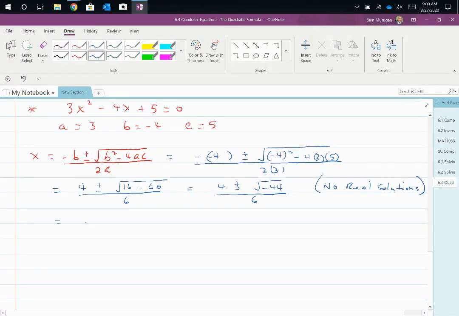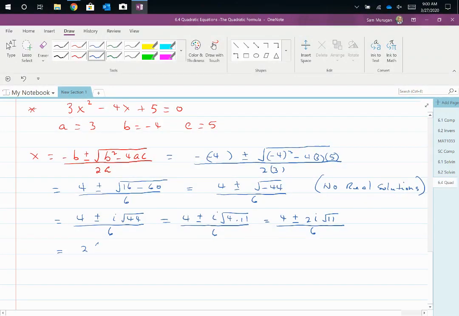So let's continue working. This is 4 plus or minus i√44 over 6, which is 4 plus or minus i√(4 times 11) over 6, which is 4 plus or minus 2i√11 over 6. And then notice that we can factor out 2 on the numerator.